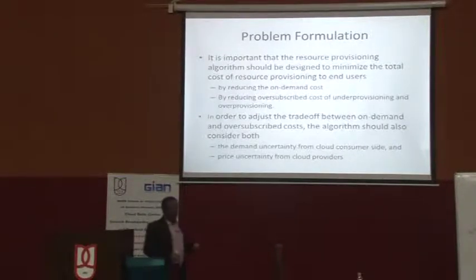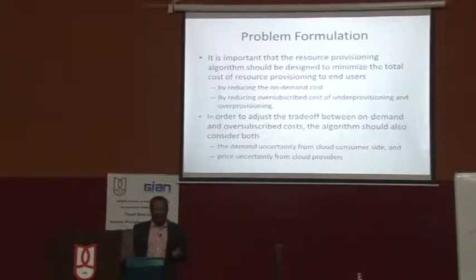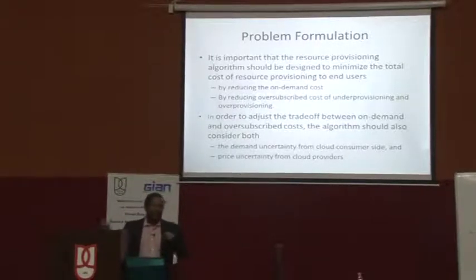Now it's important, as you can see, that the resource provisioning algorithm that we design will always try to minimize the total cost by reducing the on-demand cost in particular, and also by reducing over-subscribed costs of under-provisioning and over-provisioning.